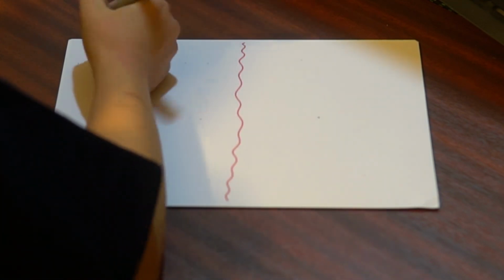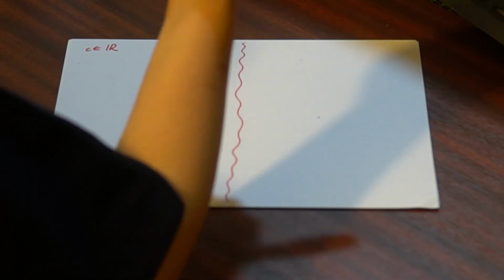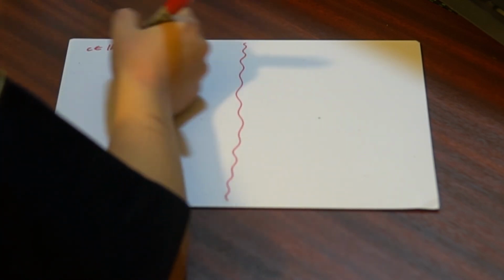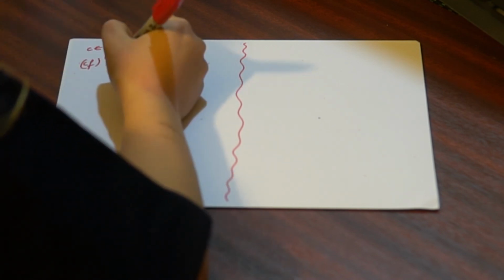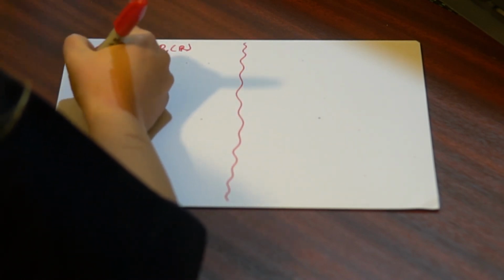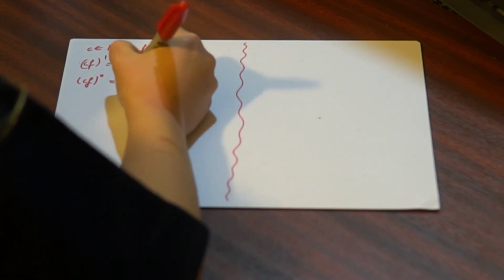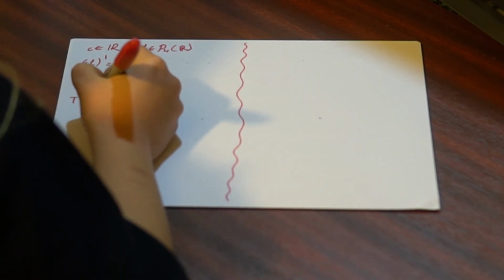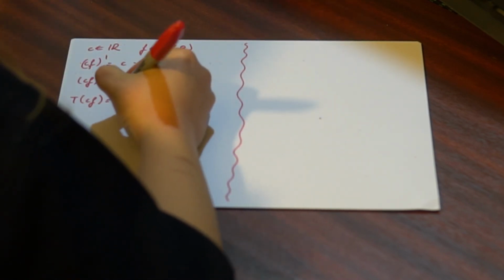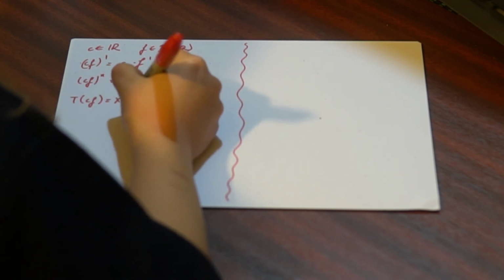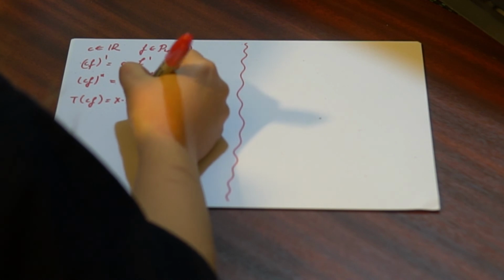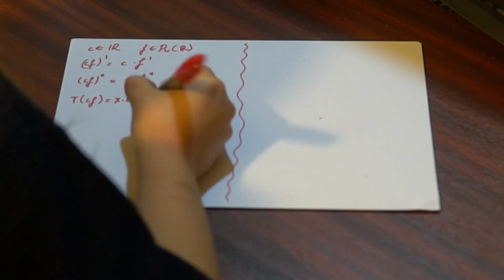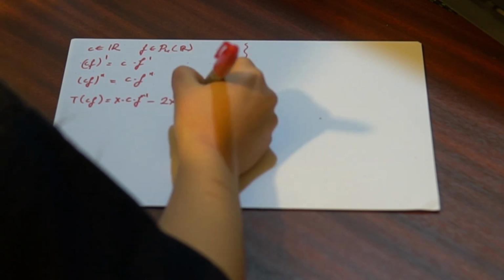Let's take c in R and f in P4 of R. Then the first derivative of c times f is c times the first derivative of f, and the second derivative of this is equal to c times the second derivative of f. Then T of c f is equal to x times c times the second derivative of f, minus 2x times c times f prime, plus c times f.